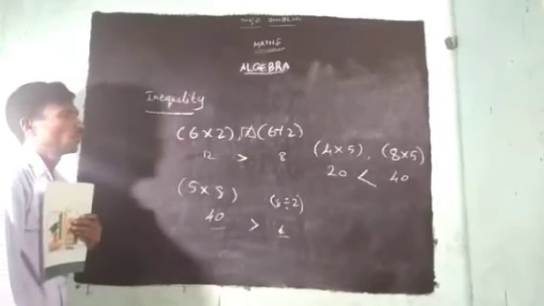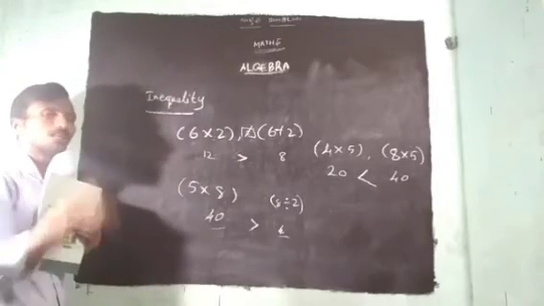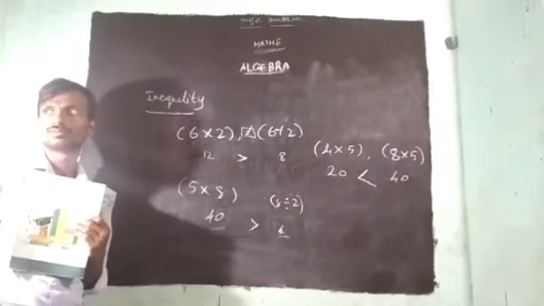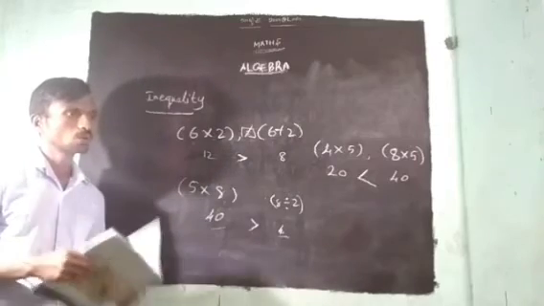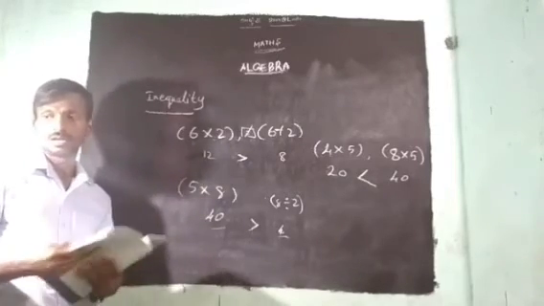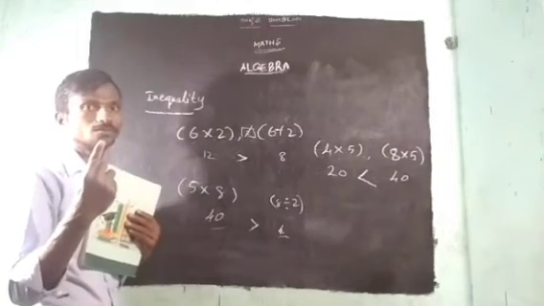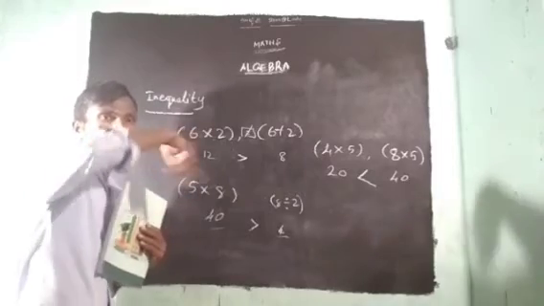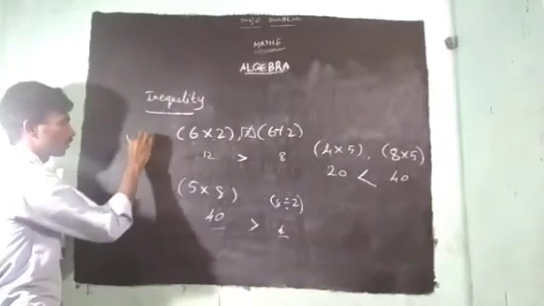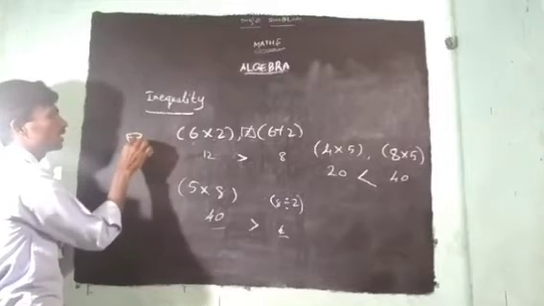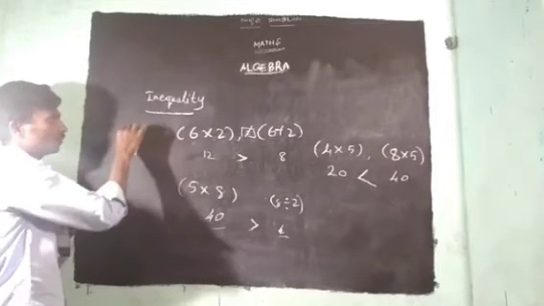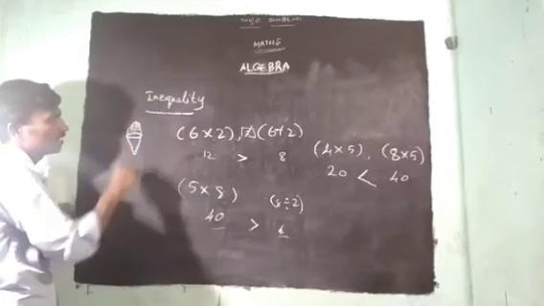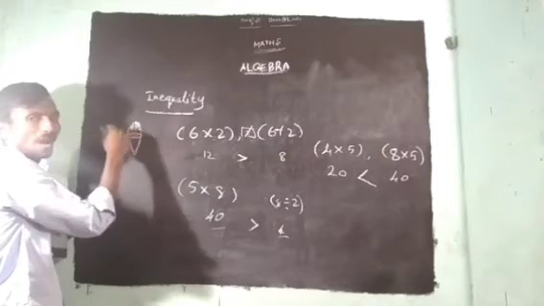How will you put the greater than mark? Could you able to see? You have seen the cone ice cream. Where will they fill the cream? In the open space, the wider space.